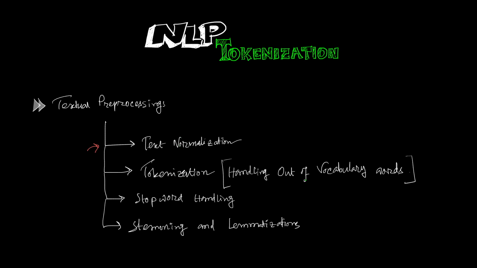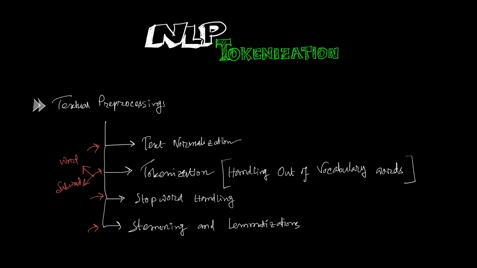So we have text normalization, tokenization, stop word handling, stemming and lemmatization. In tokenization, there are two kinds available. One is word tokenization and one is subword tokenization.